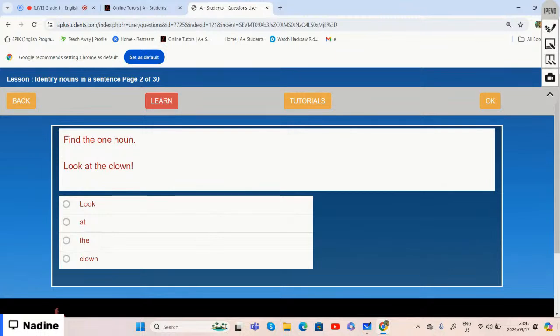We need to select the correct option, the noun. And a hint is it names a person, a very funny person that we like to laugh at. And if we were to select the noun, we can say it is clown.